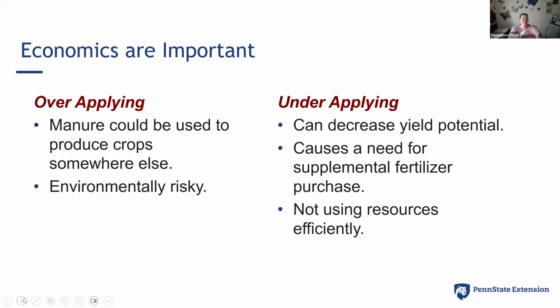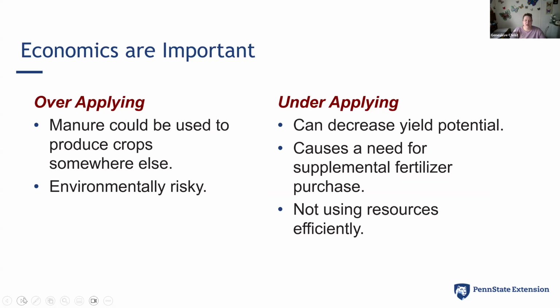And really, the thing that I always like to mention is economics. Economics are so important, and I think sometimes we don't talk about them as much because that's not really what we do or why we're here. But thinking about working with farmers and agricultural producers, economics really are important.